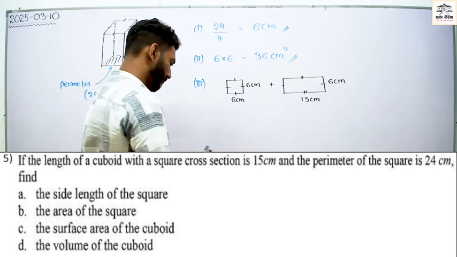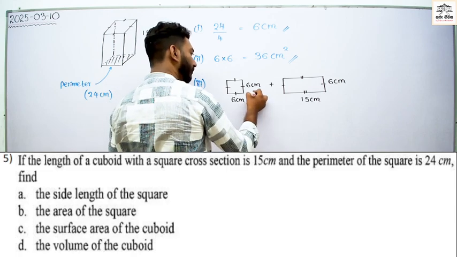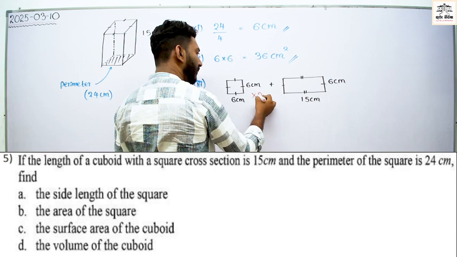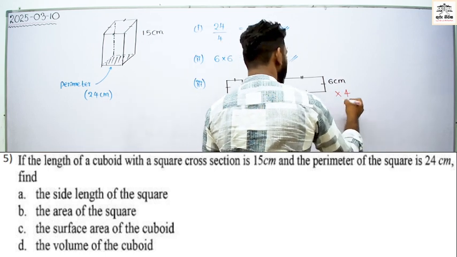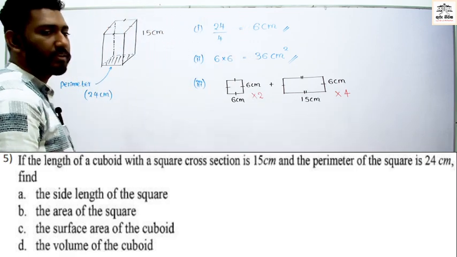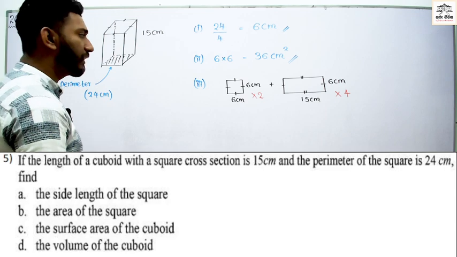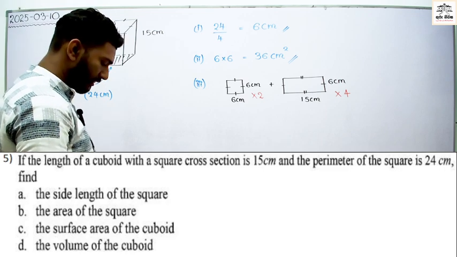So there are two parts like this, and there are 4 parts here. Now you need to find the total surface area. Now listen.